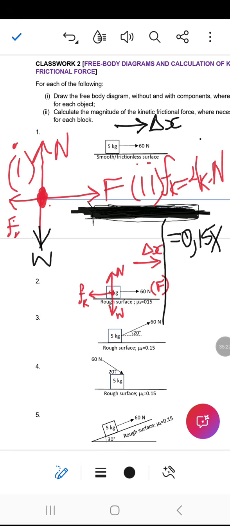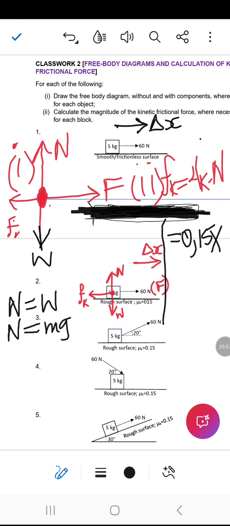From the free body diagram, the upward force will be equal to the downward force. So normal force is equal to weight, and weight is mg. I hope we are getting this, guys.